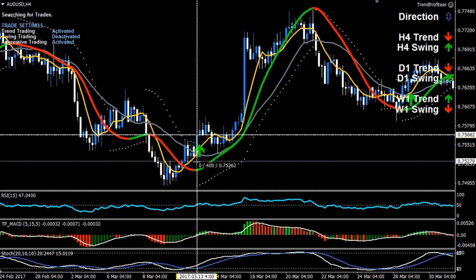So if our stop's 40 pips, we want to make at least 40 pips in profit, but preferably 2 or 3 times or more the value of the stop. So at 40 pips for the stop, 2 times that would be 80 pips, 3 times 120 pips, and so on.